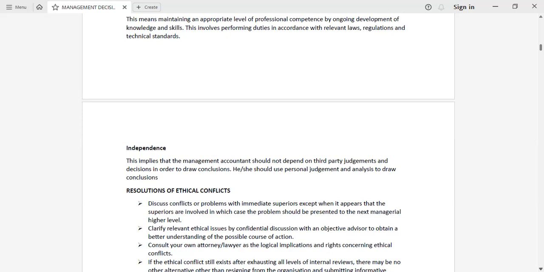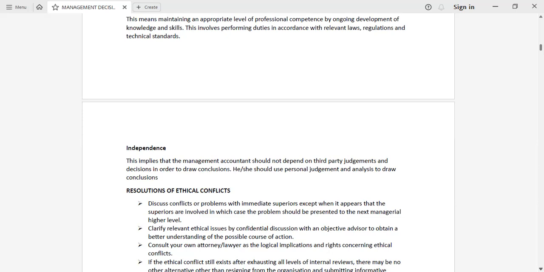Then in the question, you may find they're asking what are some of the unethical behaviors that may arise in that scenario above. Of course, you say that the person who has just graduated, how can you just start up a school? You have never worked in a school, you don't even know how to operate one. So the person doesn't have the professional due care and competence.